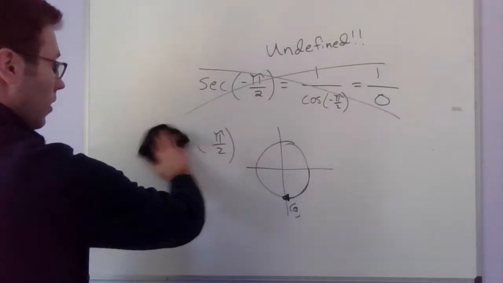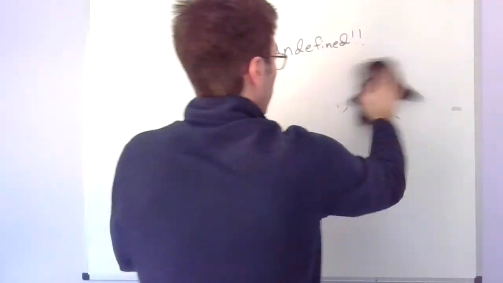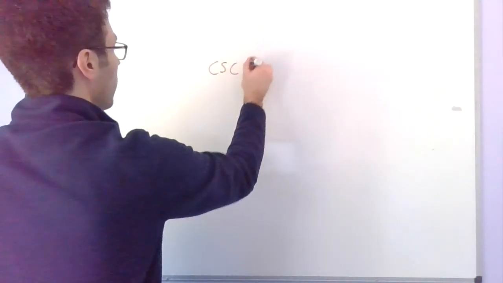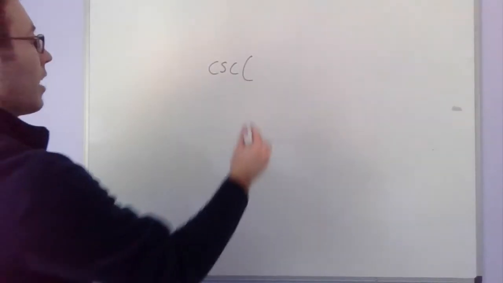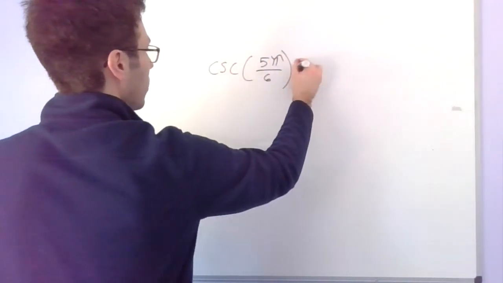We talked about secant. Let's talk about cosecant. Cosecant of, let's say, 5 pi over 6.